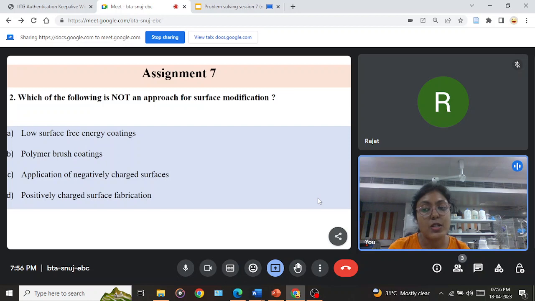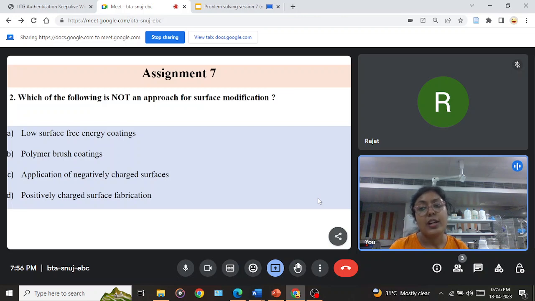Positively charged surface fabrication results in electrostatic interaction. These strong electrostatic interactions hinder cell elongation and even cell attachment. So ultimately, it prevents the adhesion of various pathogens and microbes onto the surface.